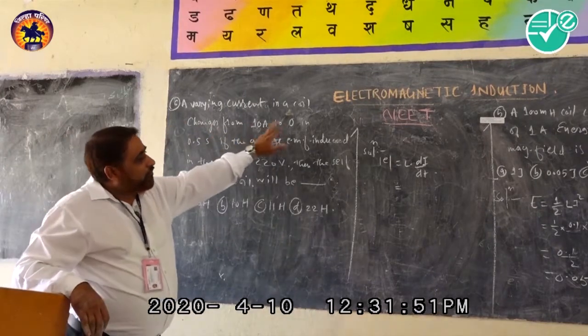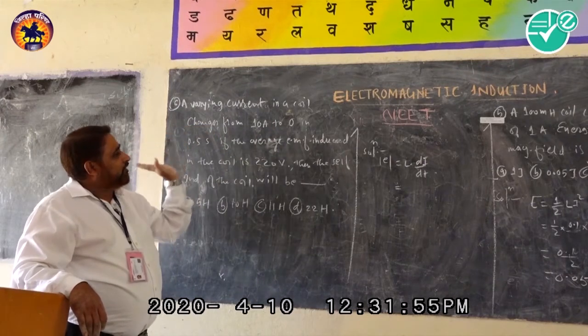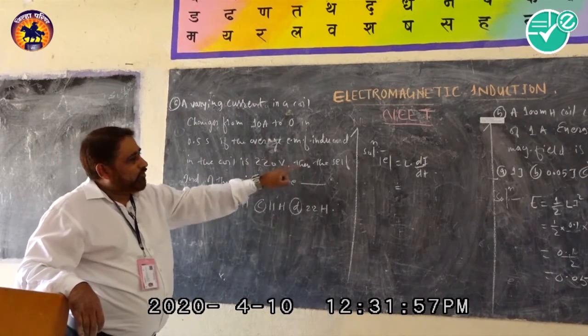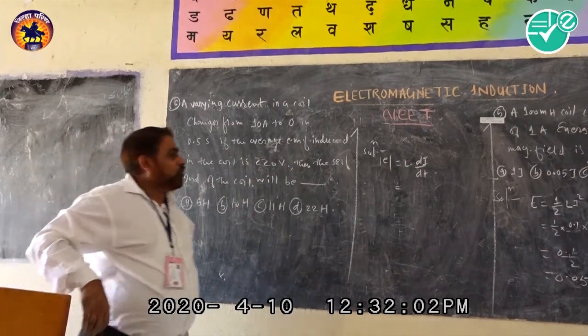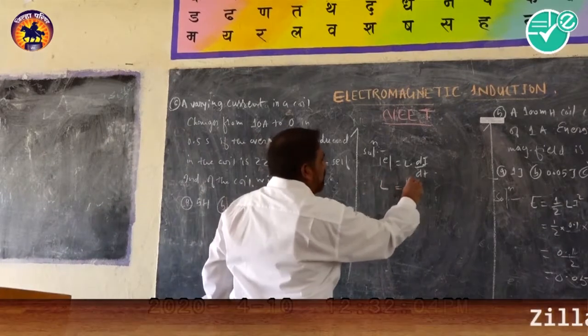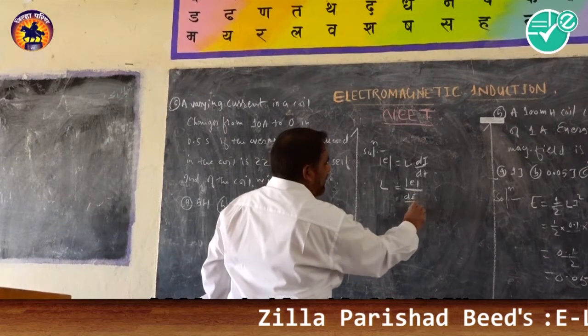Current changes from 10 ampere to 0, which gives the value of di here. 220 volt is the value of EMF. So in this way, L is equal to absolute E divided by di by dt.